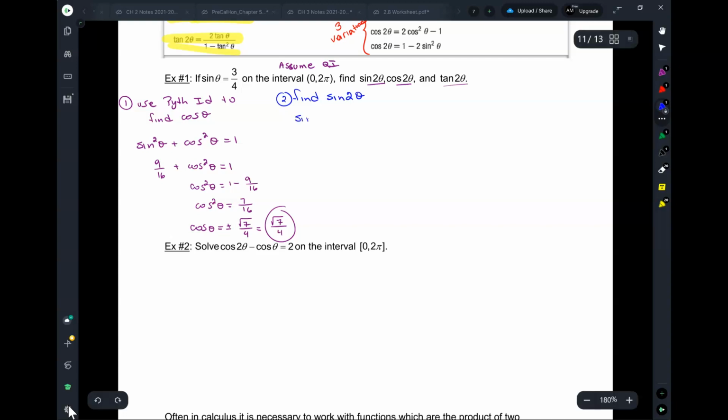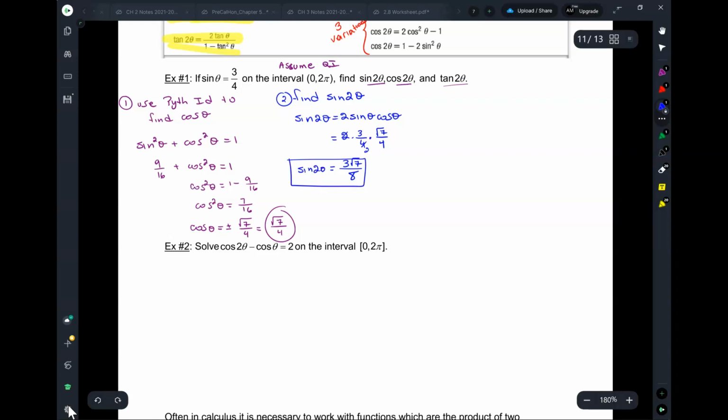Well, there's only one identity there. It's 2 sine of single theta, cosine of single theta. 2, what's sine of theta? Yep. What's cosine of theta? Yay. Here, the 2 cancels with one of the 4s, so I get a 2 here. 3 root 7 over 8. Good. That's sine of 2 theta.